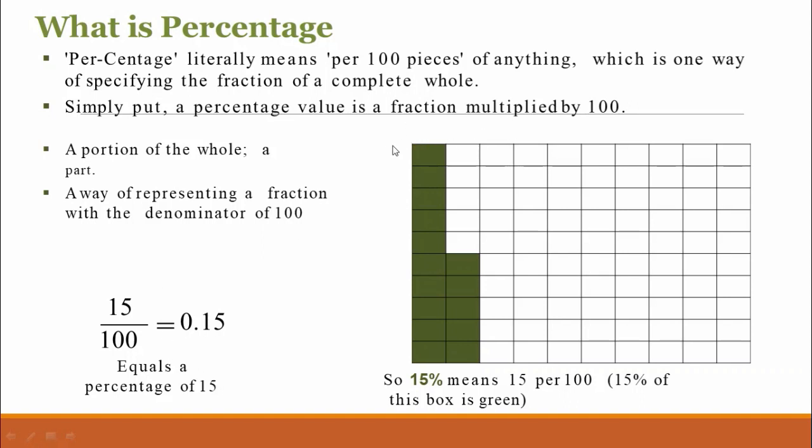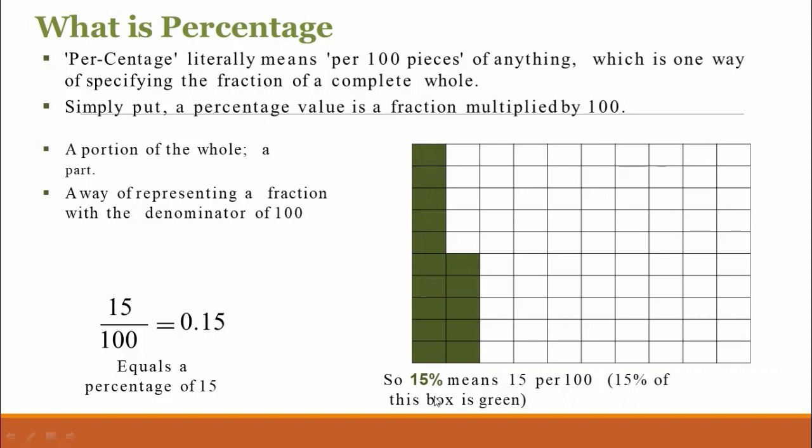So dear students, in this figure you see here, 1 2 3 4 5 6 7 8 9 10, and 1 2 3 4 5 6 7 8 9 10. So 10 multiplied by 10, there are 100 square boxes in this shape.